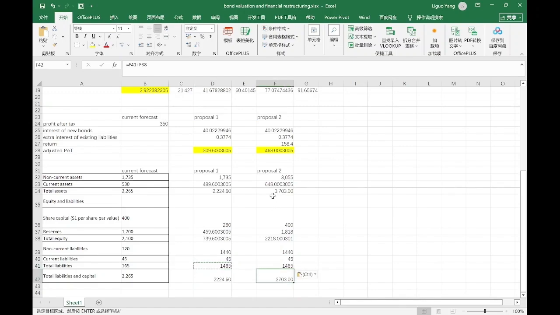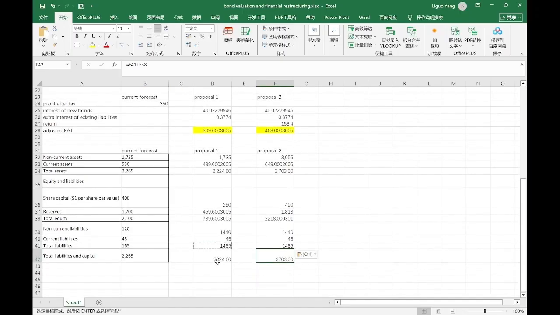Yeah, it's now balanced. So by far we have already restructured the financial positions and two proposals.